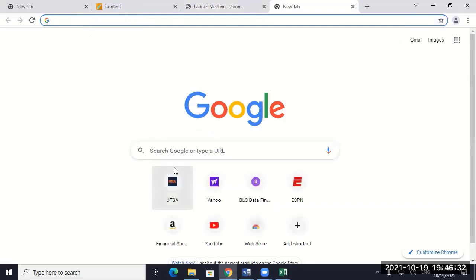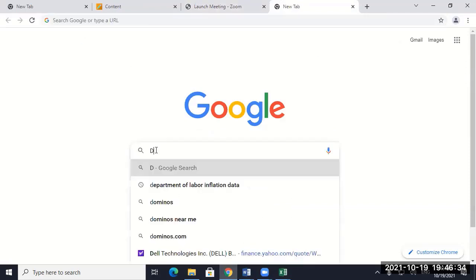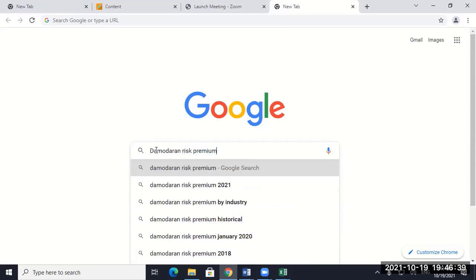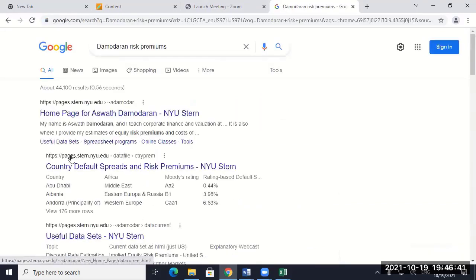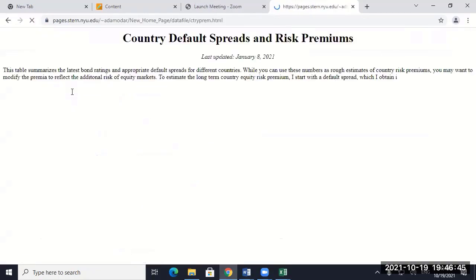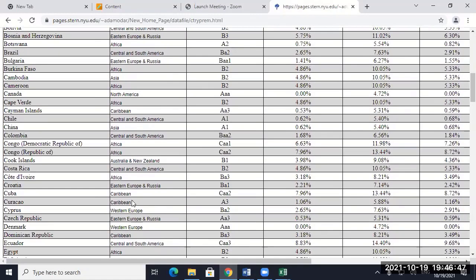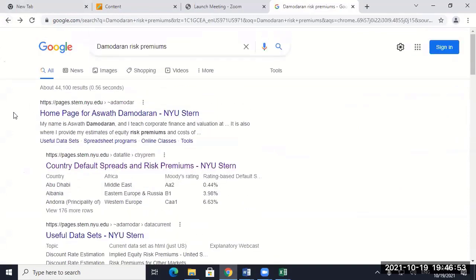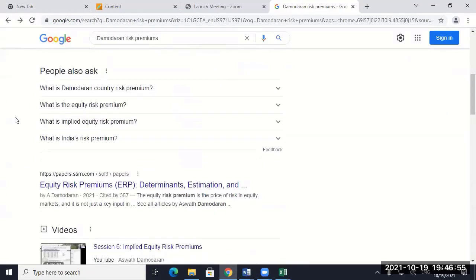He's not figured out how to monetize his knowledge. He's got it out there. He's got the country risk premiums, which is pretty amazing. It's all out there for free and how he came up with it. It's got it by industry somewhere.